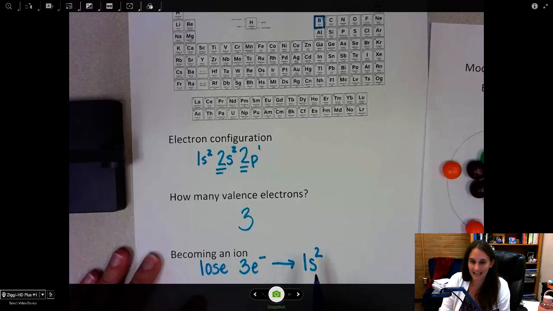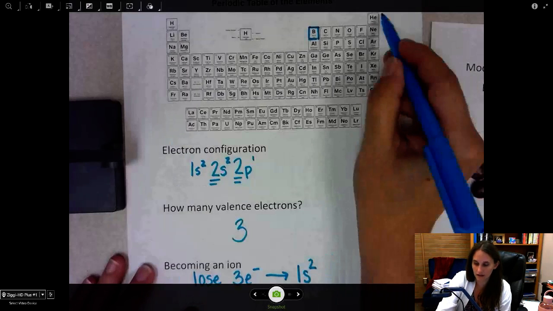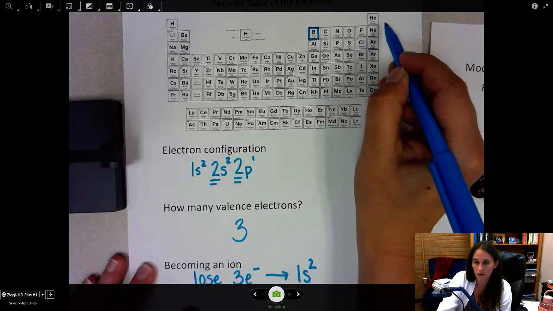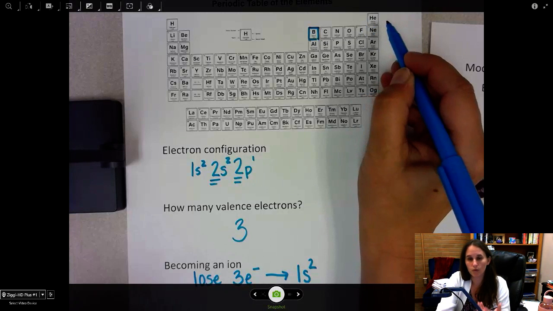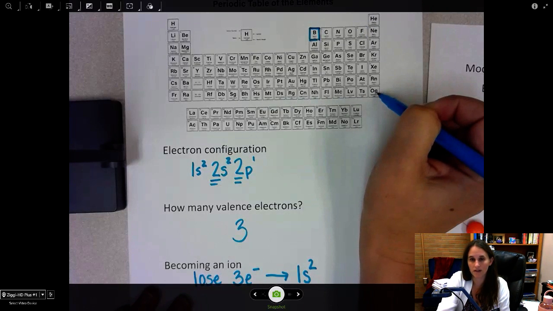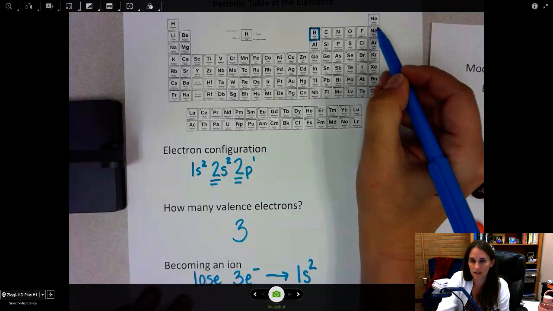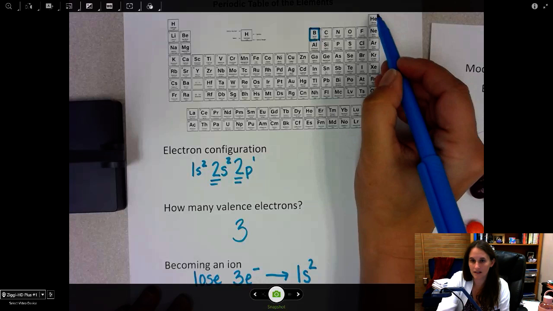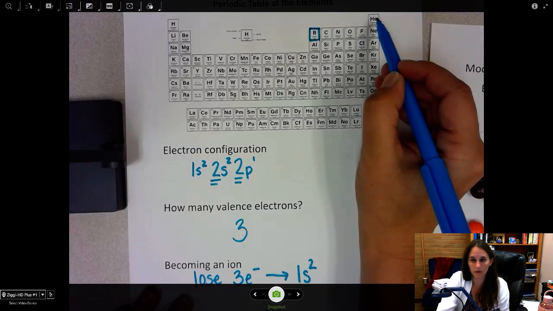Now that's the same electron configuration as one of our noble gases. So we say the octet rule because most of them have 8, so most elements are seeking 8, but if you're closer to helium than to neon, then this is the closest stable noble gas.